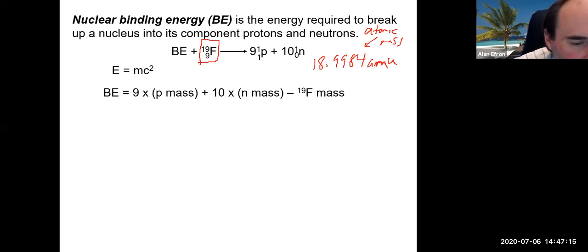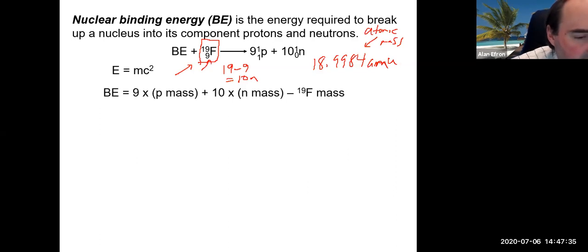The first thing we want to do is figure out the mass of the particles that make it up. In this particular case, if we take 19, which is the mass number, minus 9, which is the atomic number, that tells us we have 10 neutrons. We also know it has 9 protons.